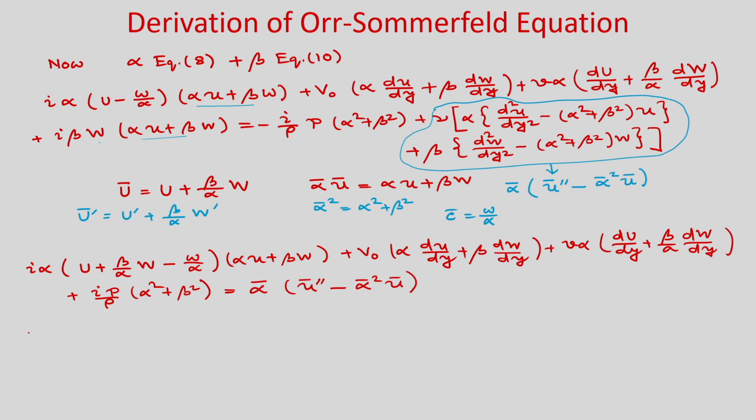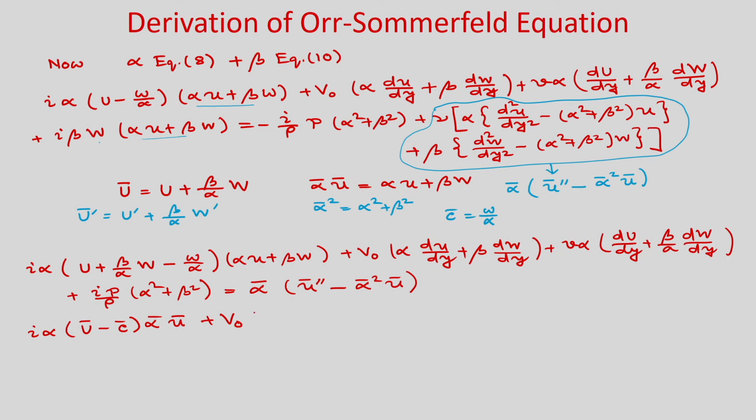So, you can see that it will be i alpha u plus beta by alpha w. So, this we can write u bar w by alpha. So, we can write c bar alpha u plus beta w. So, this we will write alpha bar u bar plus v naught. Now, you can see this will be just alpha bar u prime bar, right, because then it will become u prime and w prime.